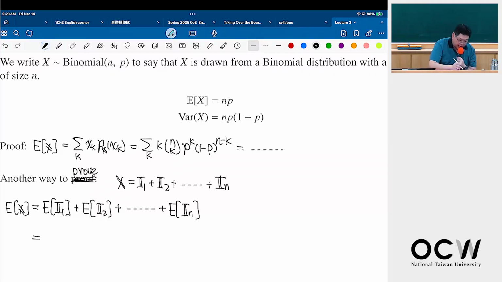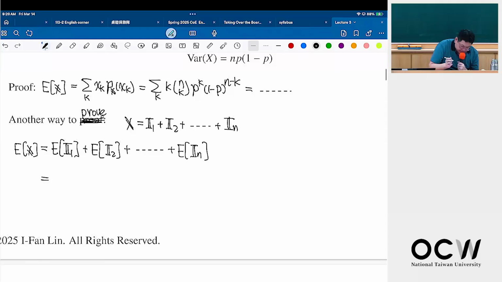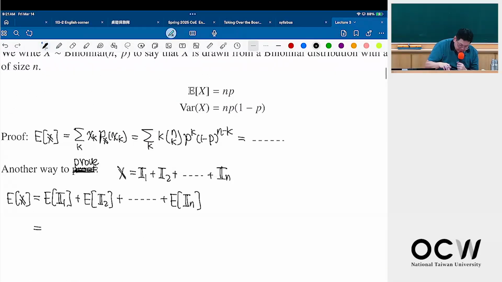Each time we know this is P, and here is also P.